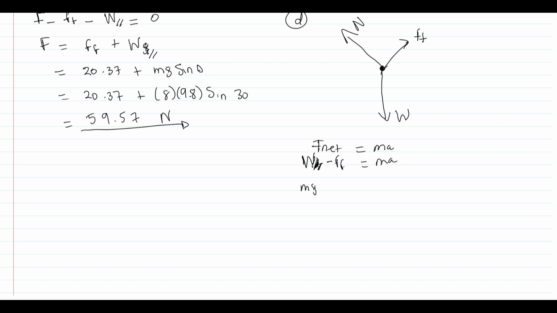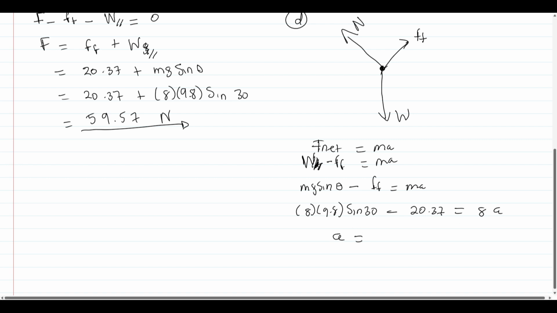So it's mg sine theta minus Ff is equal to ma. We know that m is 8 and g is 9.8, sine 30 minus 20.37, which is given to us, is equal to 8a. And the only unknown is a.